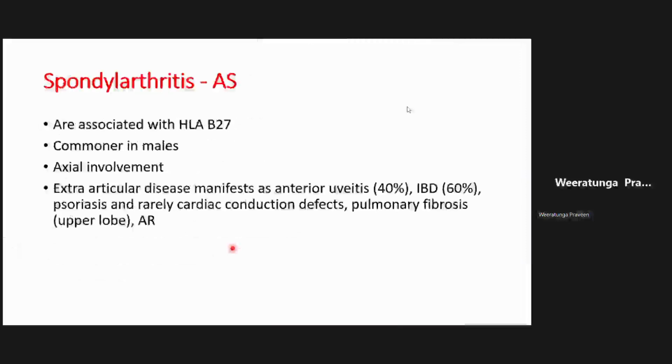Make a number 1, commoner in males. Number 2, there is a strong familial association of spondyloarthritis. Runs in families. Number 3, spondyloarthritis are associated with HLA-B27 positivity.